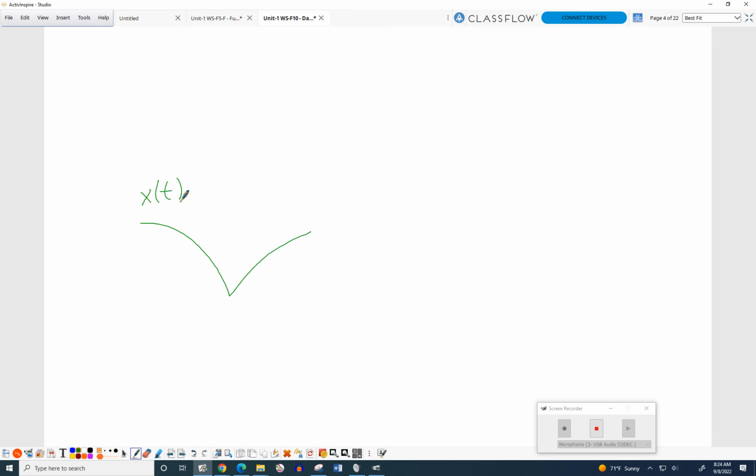This means true, this means false. Show me your vote. This graph of position has a relative minimum right there. True or false? Show me your vote.